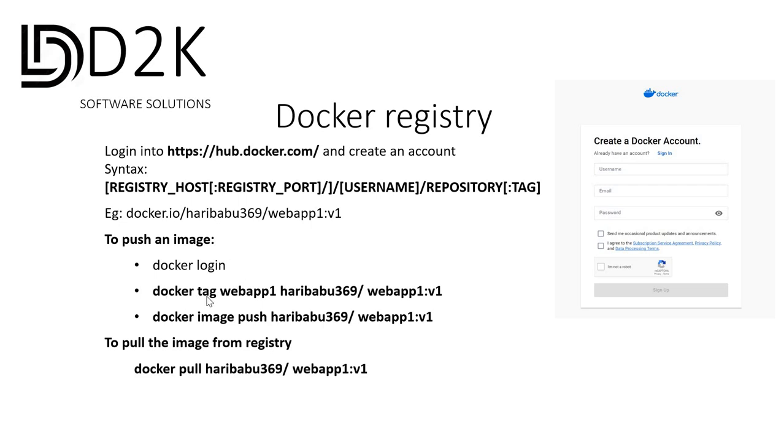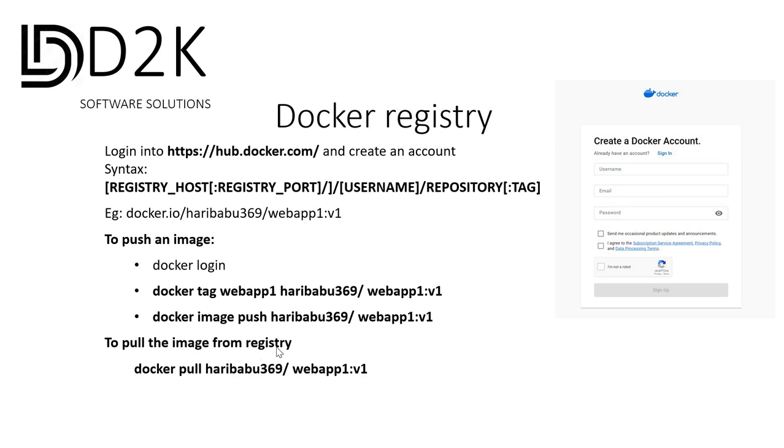Then this step is required if the image was not tagged earlier: use docker tag, the repository name, username, repository and tag. And then you use the command docker image push username, repository and tag.